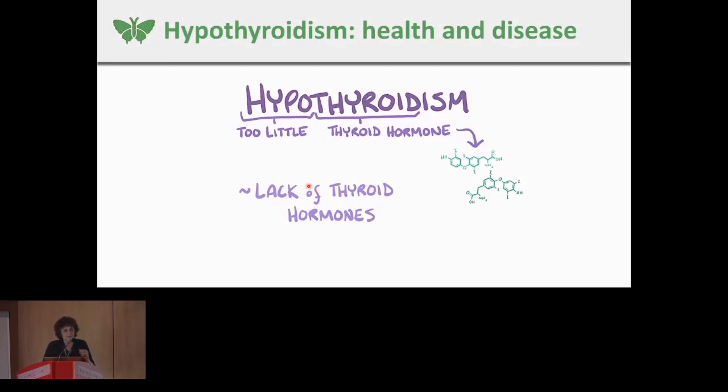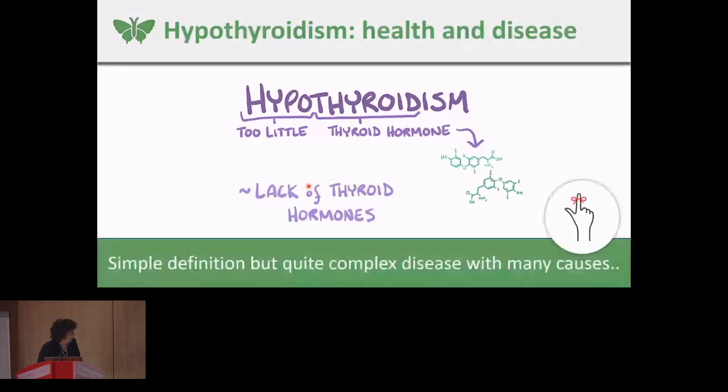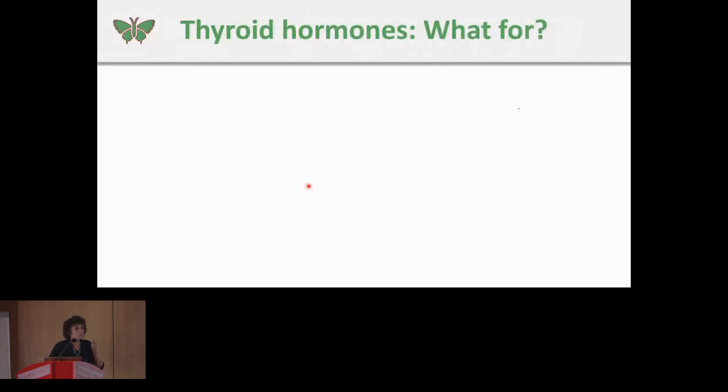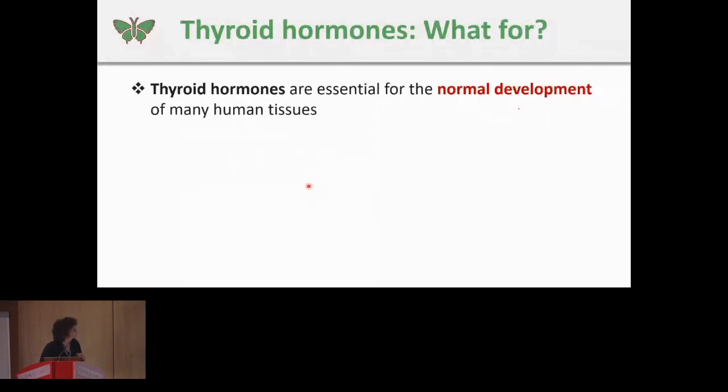So while it seems very simple, I hope to convince you that this simple definition covers a quite complex disease with many causes. And when I talk about the thyroid hormones themselves, what are they good for? As I said, let's understand a little bit of their biology. Thyroid hormones are really essential for normal development of many human tissues in our body.